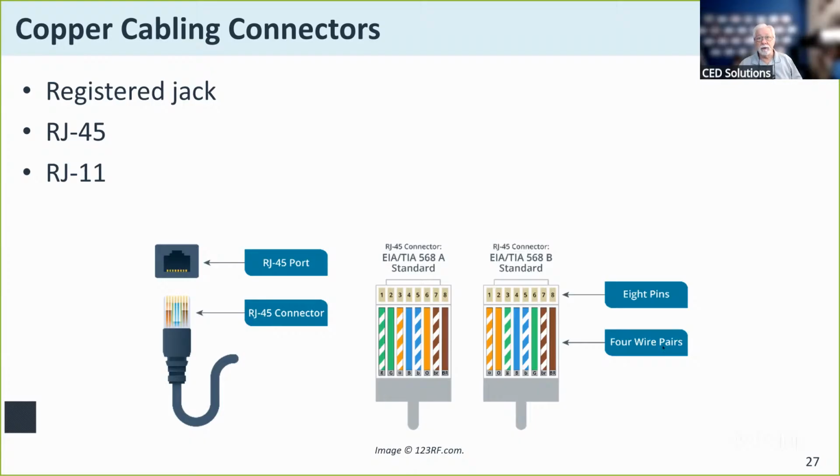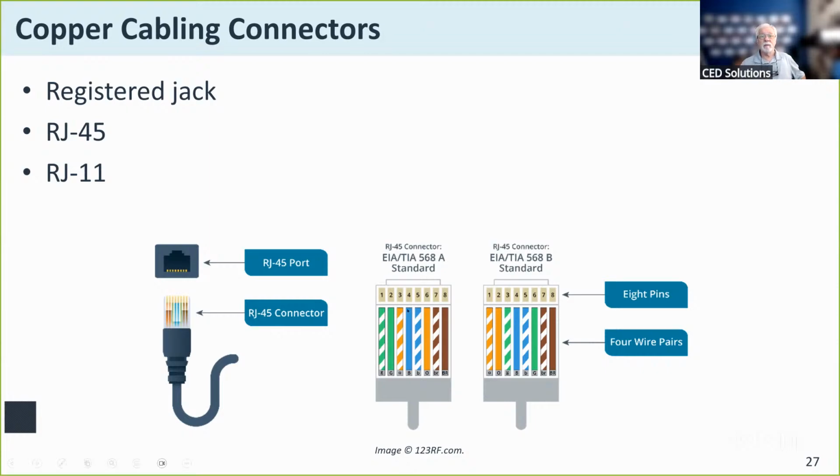You'll notice between the A and the B standards, the blue and the brown wires are the same. It's the transmit and receive wires, the orange and green wires, that are swapped. That's important here in just a moment.